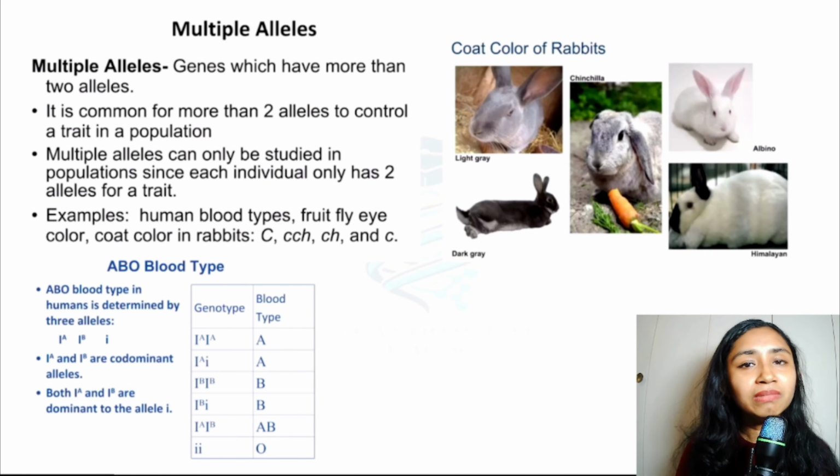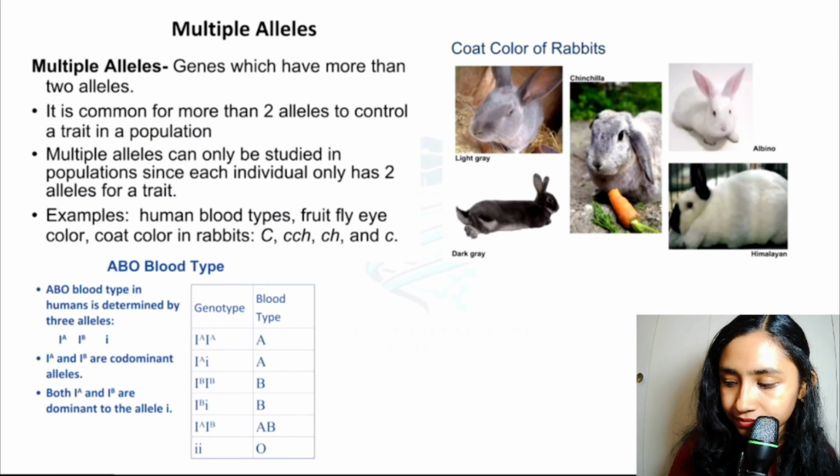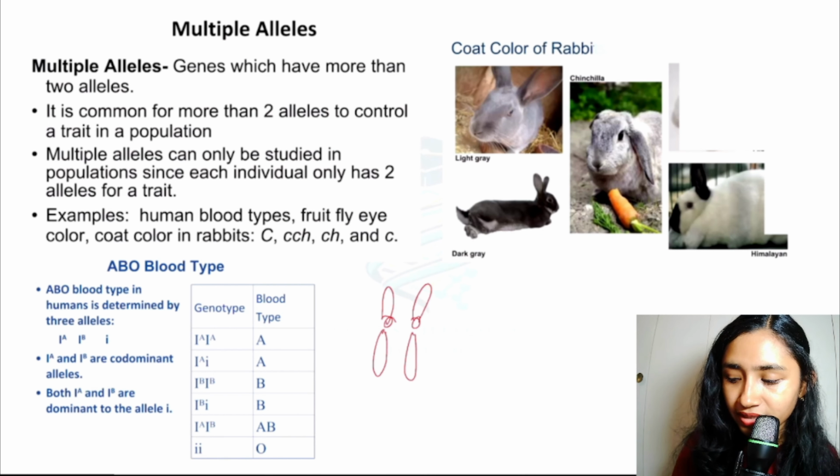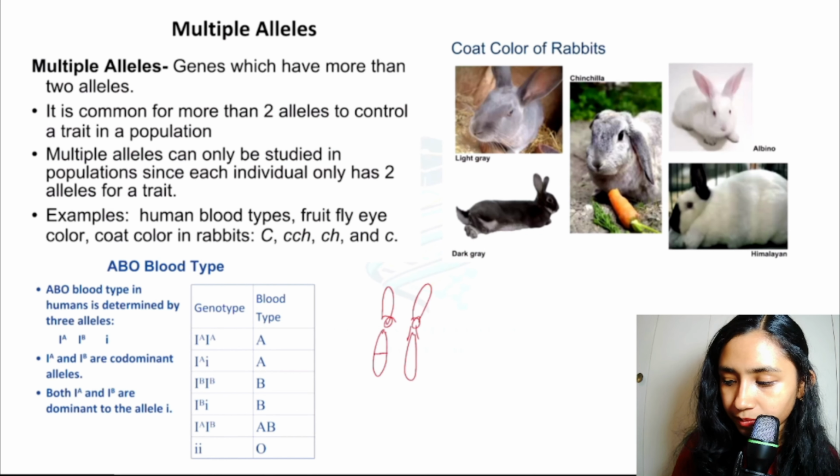So let's check what is multiple allele. In the normal case, we know that we have two homologous chromosomes, and in each chromosome for a particular gene there is a locus, and in the same locus there is another counterpart of the gene, another variation of the gene. So they are known as alleles.